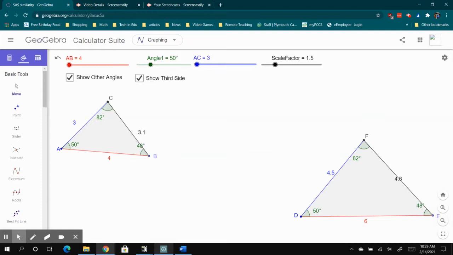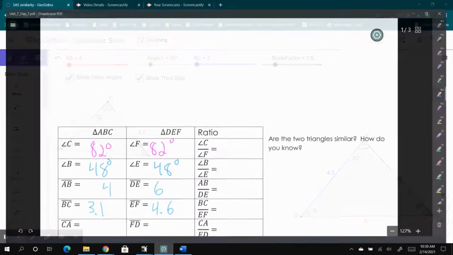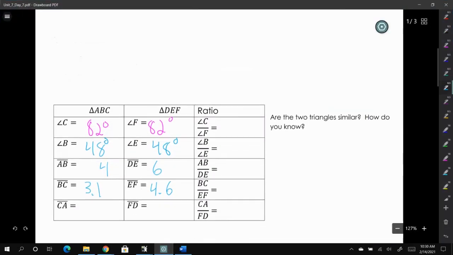BC and EF, those sides were added after the construction. I connected points C and B and got that segment, and connected points E and F and got the length of that segment. So we have 3.1 and 4.6. And then the last ones, CA was 3 and FD was 4.5.